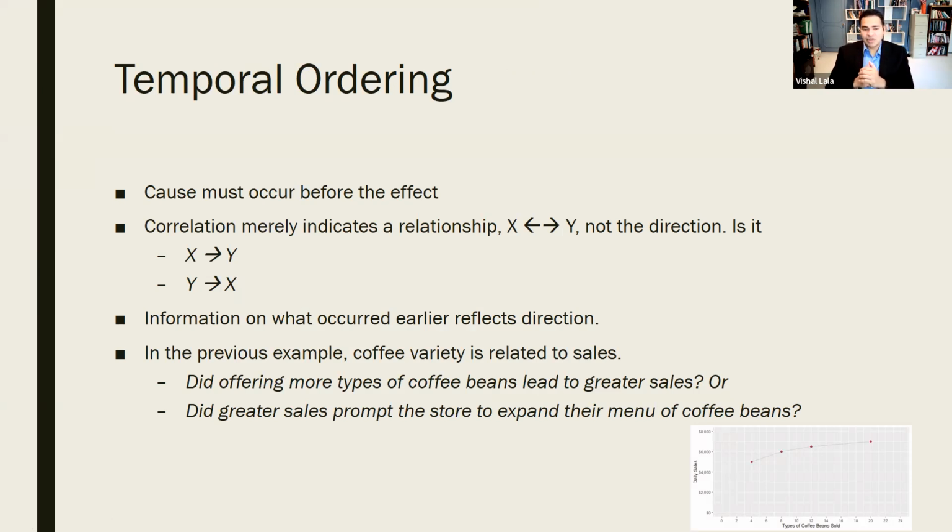In the example I just showed you about coffee variety and sales, one must ask the question then, did offering more types of coffee beans lead to greater sales? Or is it that there were more sales that prompted the store to expand the offering of coffee beans? The only way to know what affected what is to know which of the two occurred earlier. The one that occurred earlier is the only one that can be the cause.